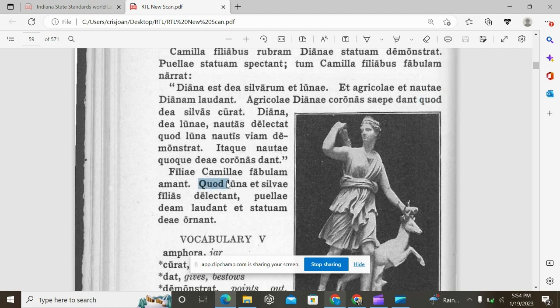But here we have quod because the luna et the silvae, the moon and the forests, nominative case, filias delectant, because the moon and the forests make the daughters happy. The puellae, the girls, deam laudant, praise the goddess, et, and, statuam deae ornant, they decorate the statue.